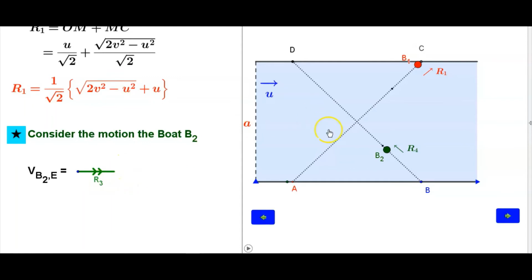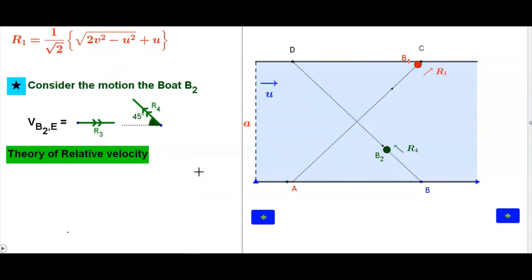This is R3. A to B, R3, then B to D, R4.